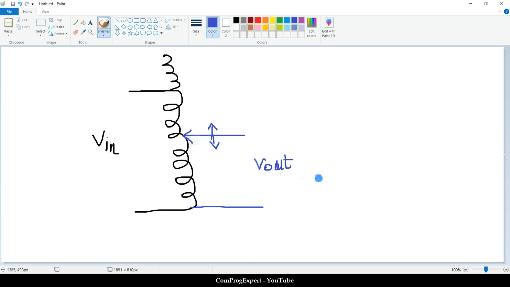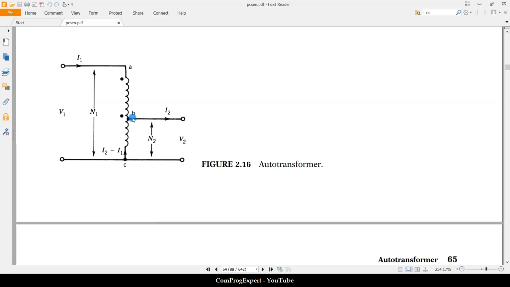In this case, V out is lower than V in. In this case, V out is equal to V in. And in this case, V out is higher than the input voltage. So by changing the position of the common point, the point B.